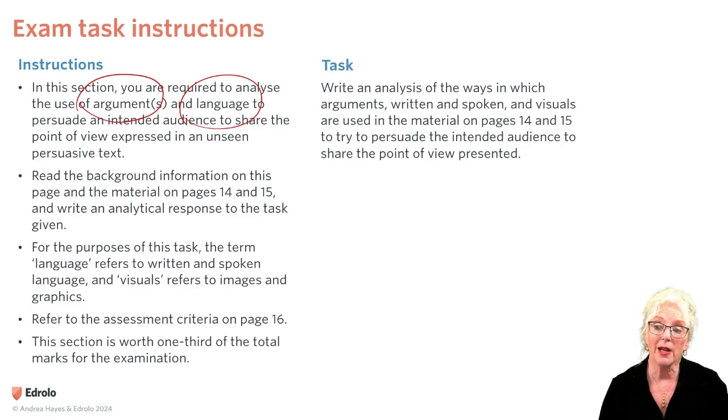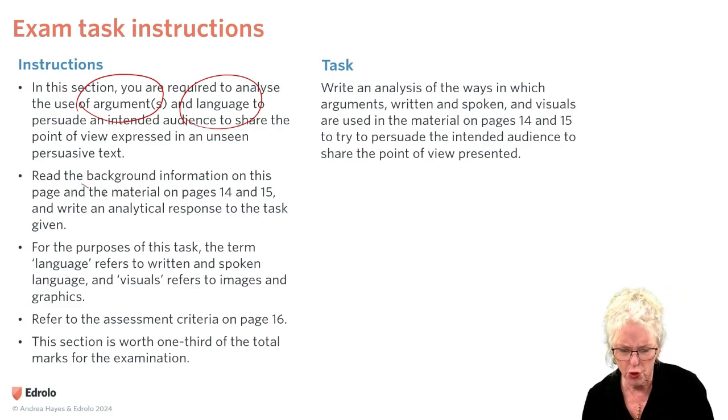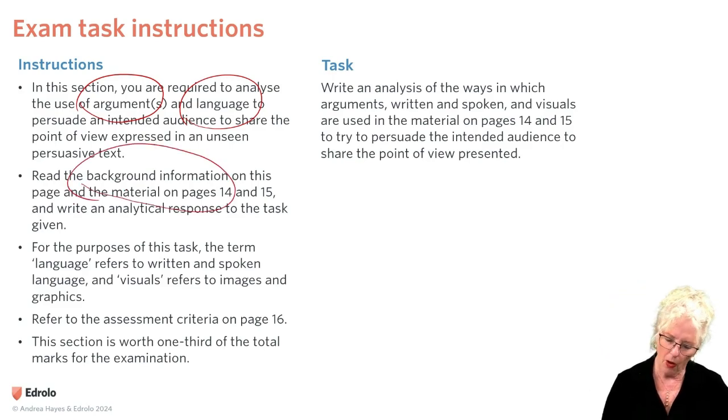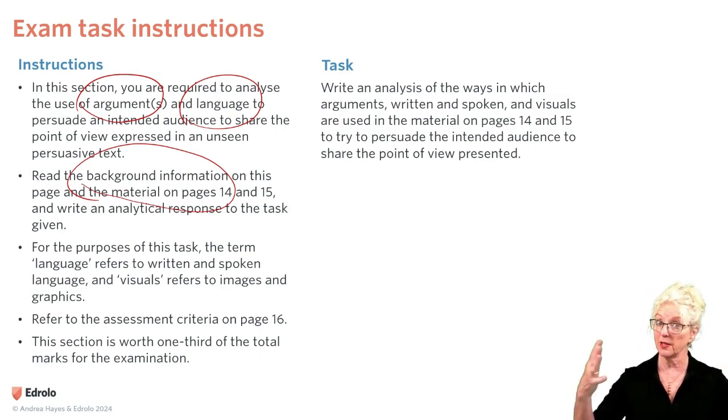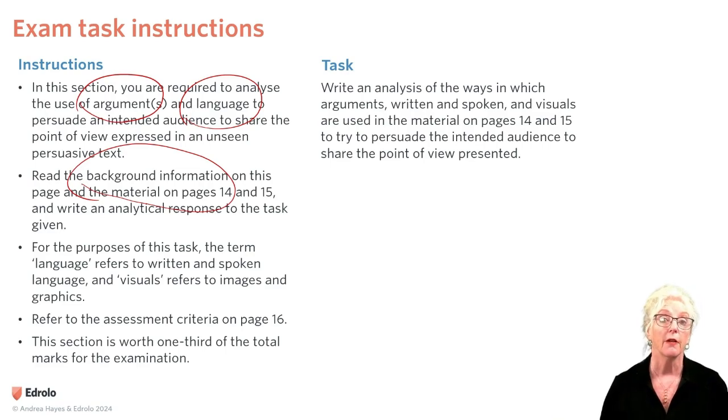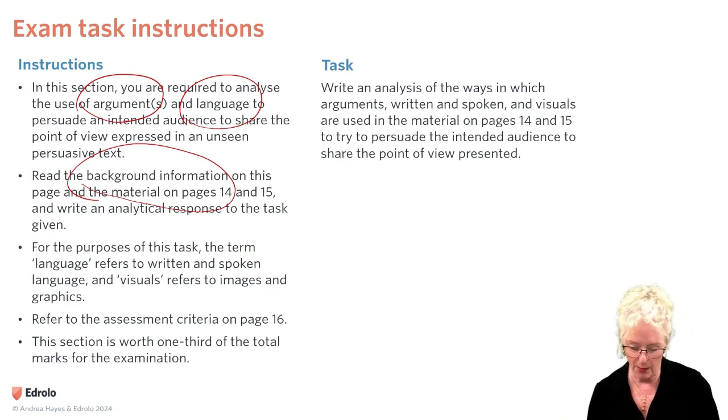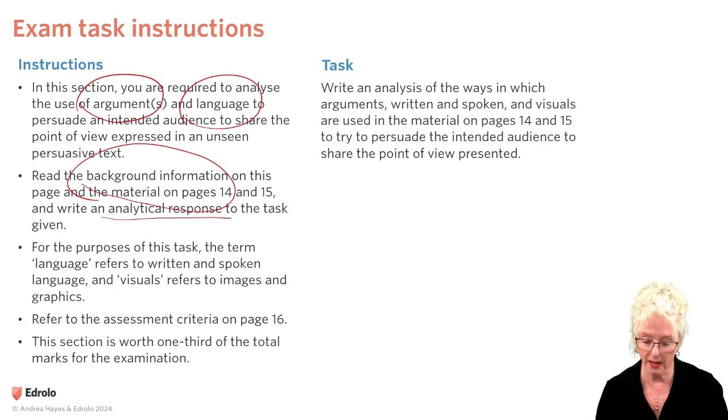Okay, so this is one big text with some visuals. You are asked to read the background information, super important, on this page and the material on pages 14 and 15, because it's the entire exam booklet for sections A, B and C, and write an analytical response to the task given.